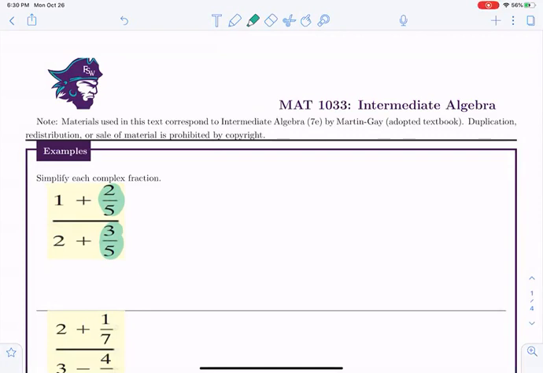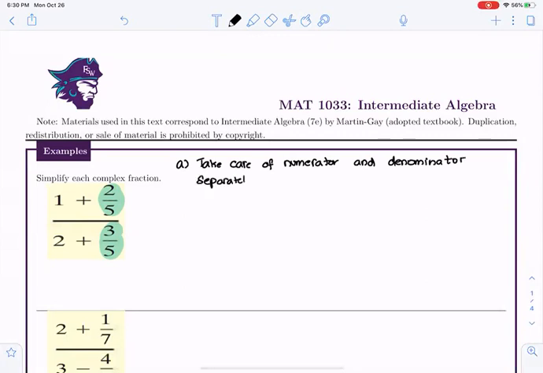So what is the key to solving such fractions? I always suggest that you take care of the numerator and denominator separately. And once you have simplified, so the next step would be simplify.